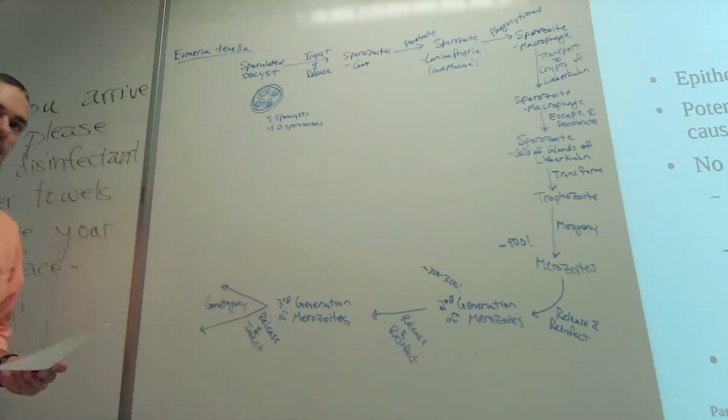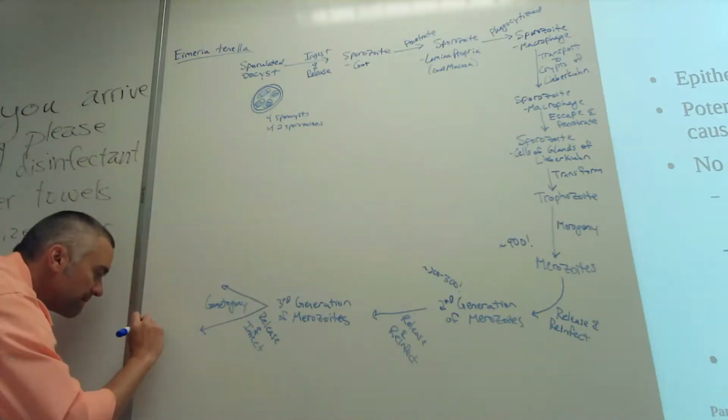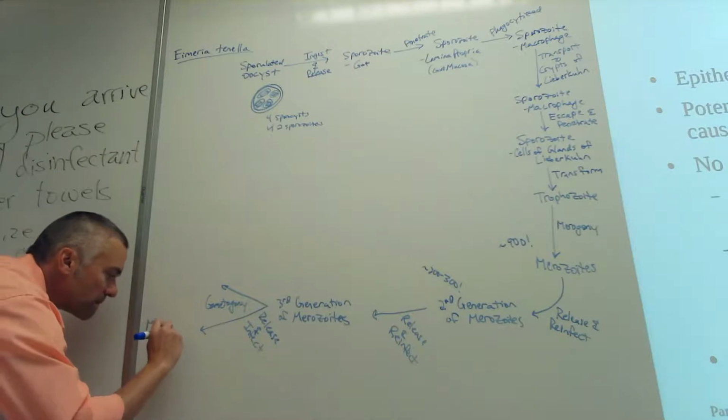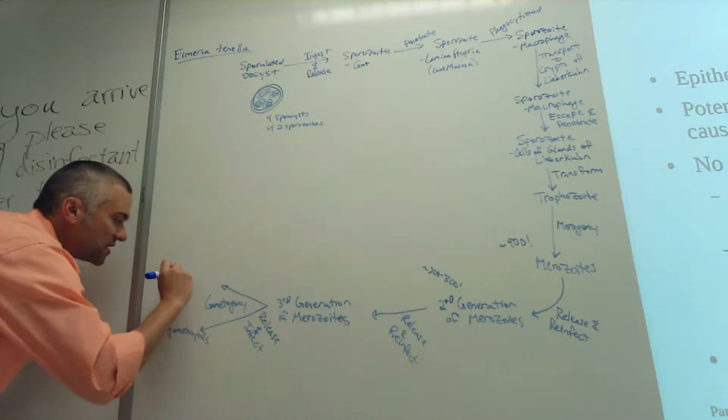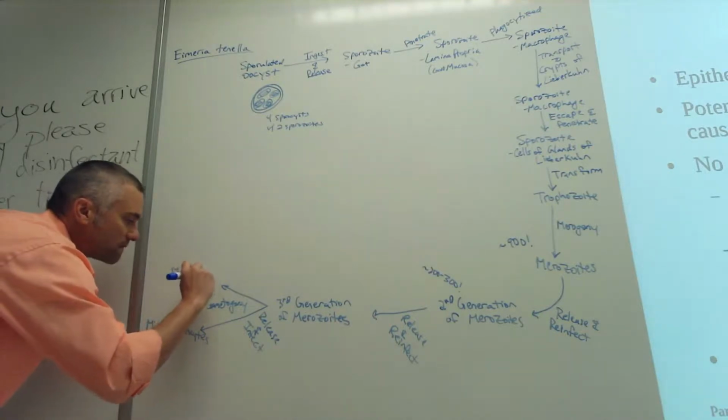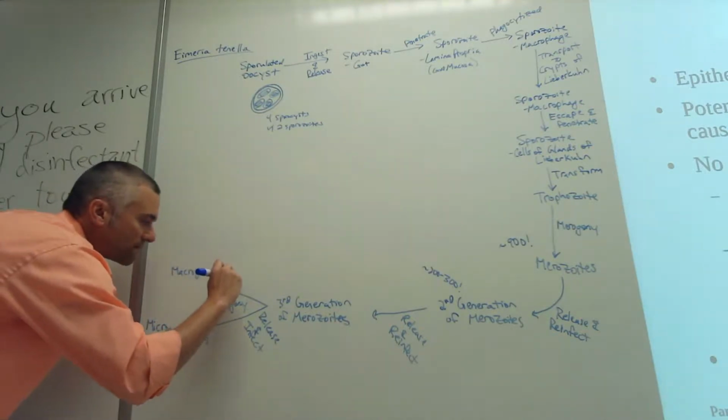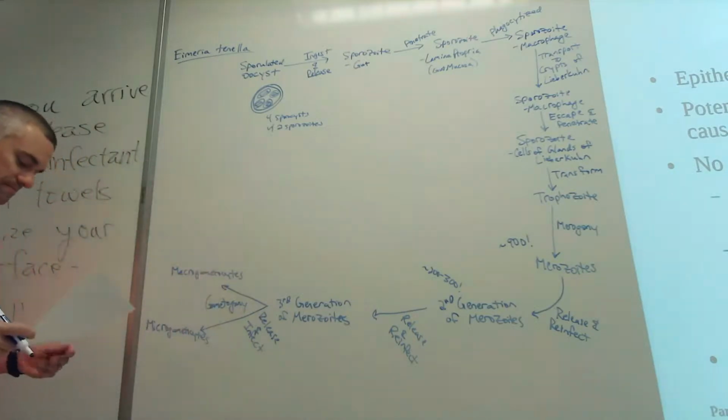So now we get our microgametocytes and our macrogametocytes. All right.